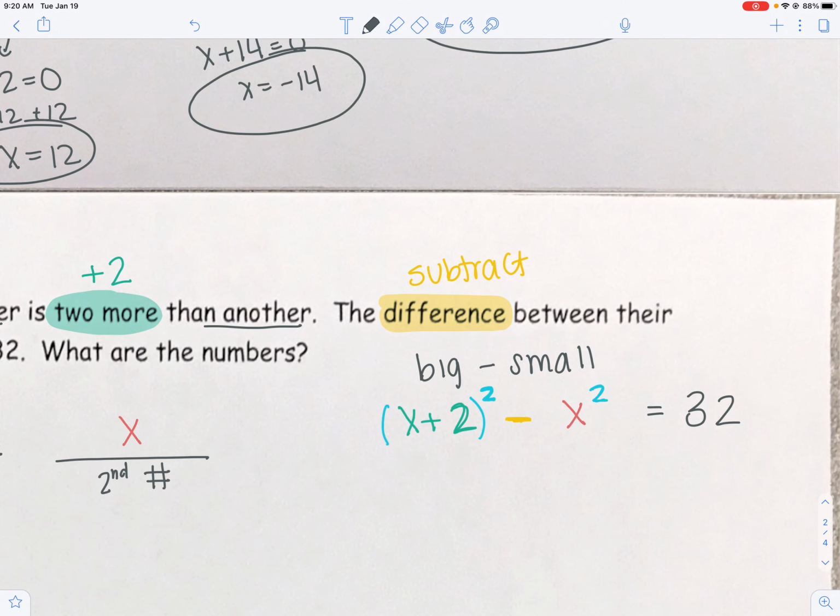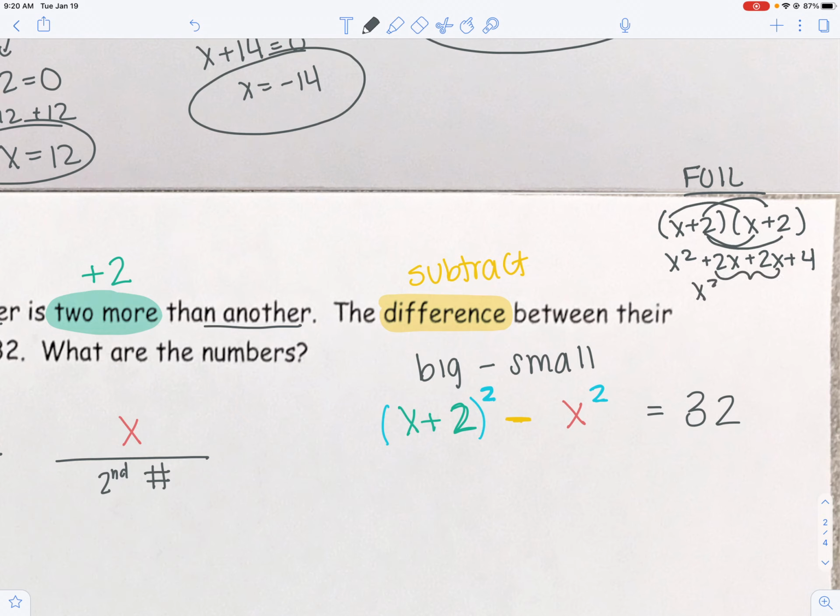So I'm going to FOIL x plus 2 times x plus 2. First, x times x is x squared, outer 2x, inner 2x, and last 4. Oops, I got my things off. There we go. First, outer, inner, last. So I've got x squared, combine like terms.